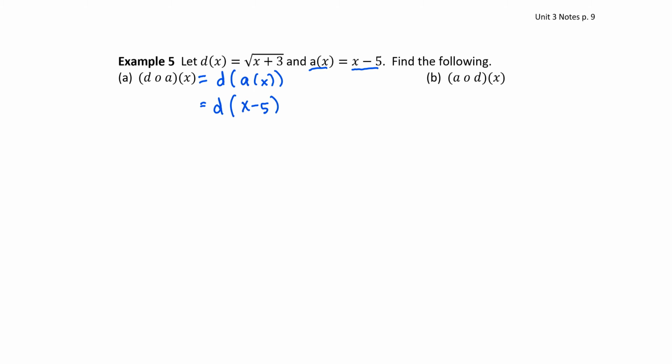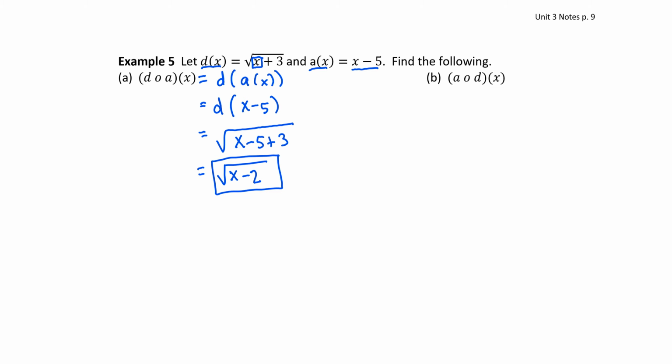Then I'm going to go to the function called d, and I'm going to plug in what I have in parentheses, the argument x minus 5, in where I see the variable. So x minus 5 lands in that blue box, and all the other details stay the same. So we get the square root of x minus 5 plus 3. Let's simplify. Negative 5 plus 3 is negative 2, so we end up with a radical function.